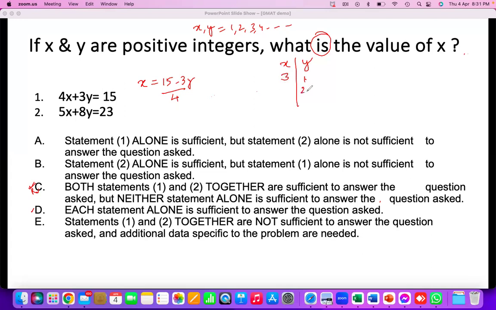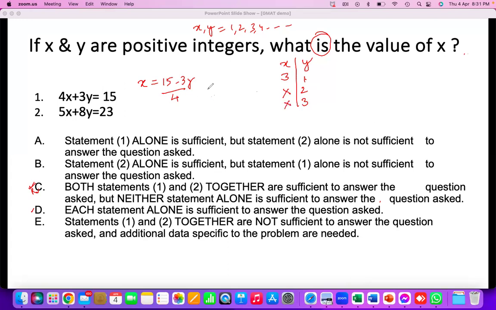Now, if I put y equal to 2, it becomes 6. 15 minus 6 is 9. 9 by 4 is a fraction, so invalid. If I put y equal to 3, it becomes 9. 15 minus 9 is 6. 6 by 4, again a fraction. Invalid.